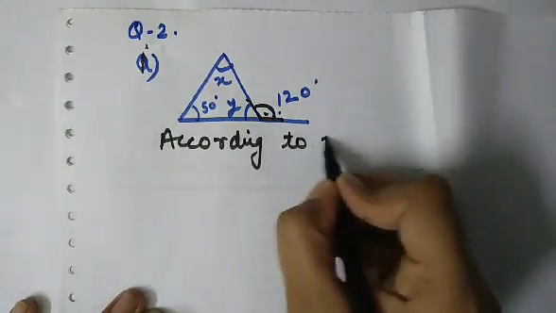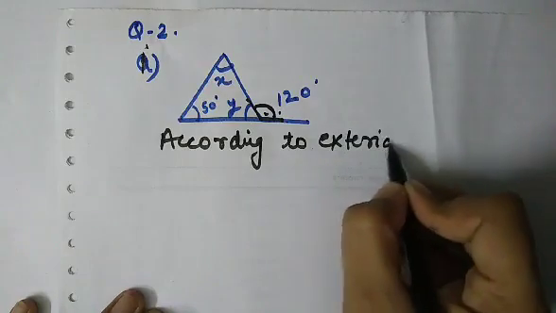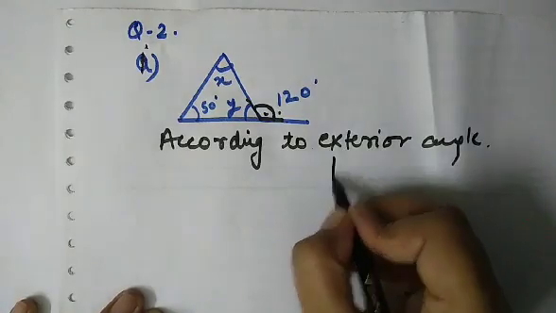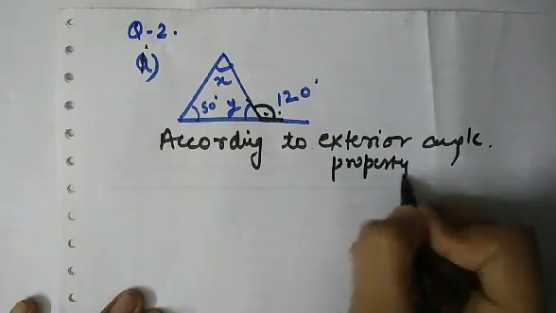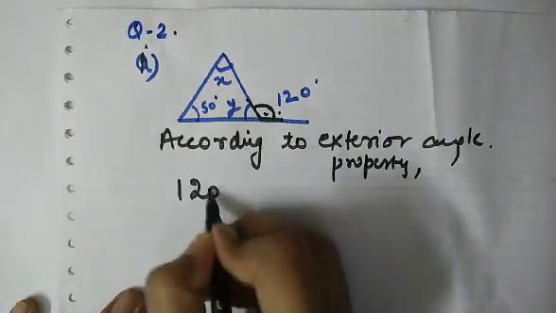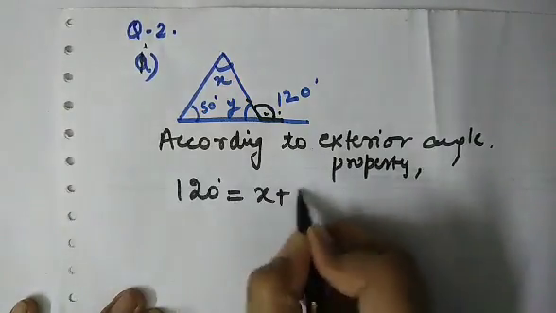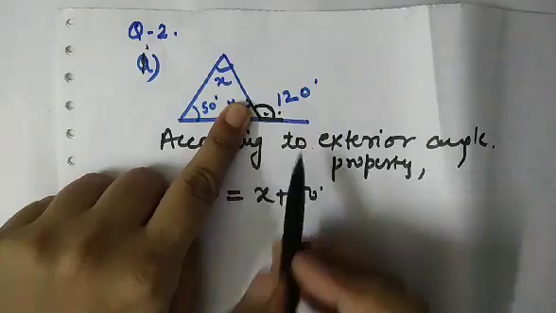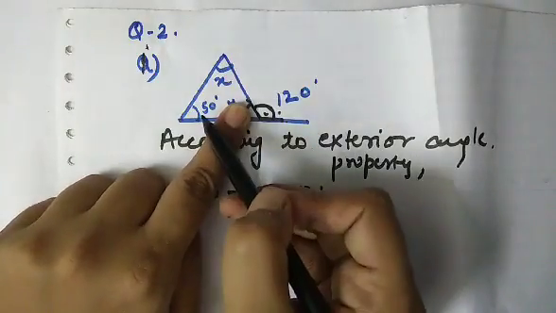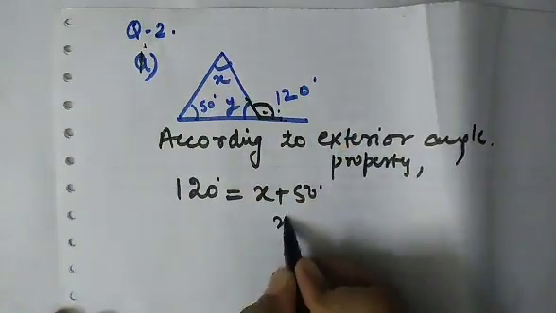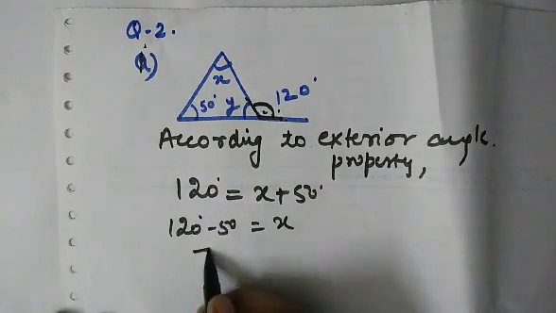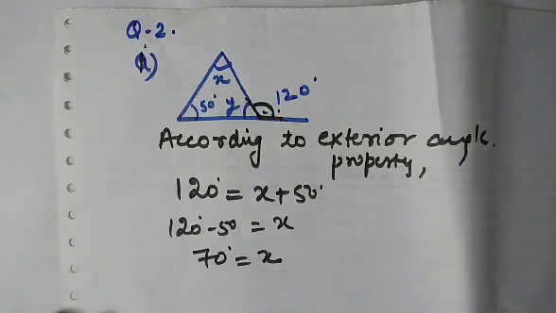According to the exterior angle property we learned in lecture number 1, this 120 equals x plus 50 degrees. If I hide this y, then 120 is equal to x plus 50. So x will be 120 minus 50, so this is 70 degrees. Okay, x is 70 degrees.